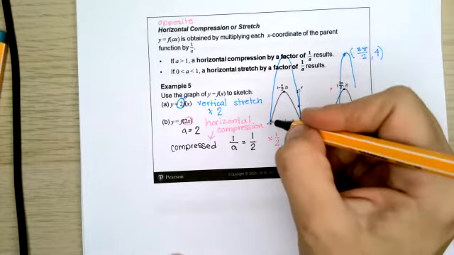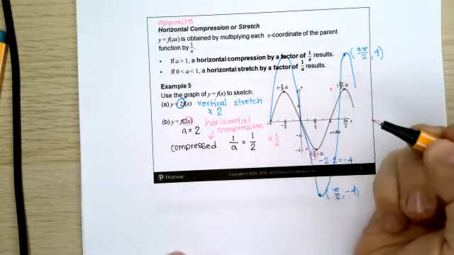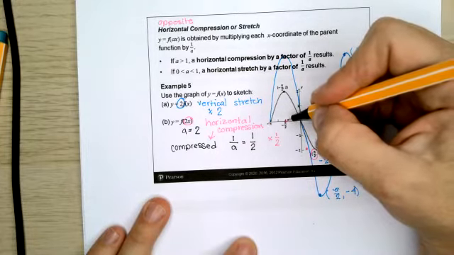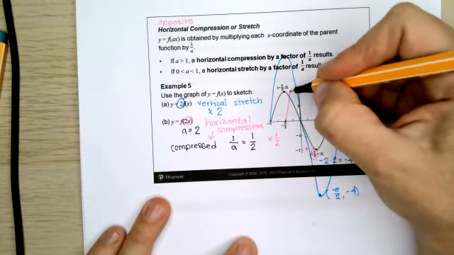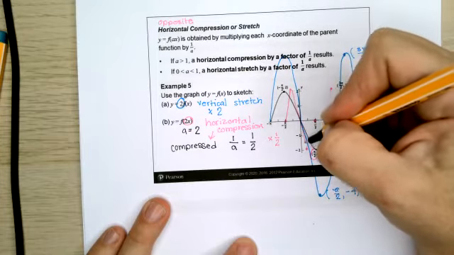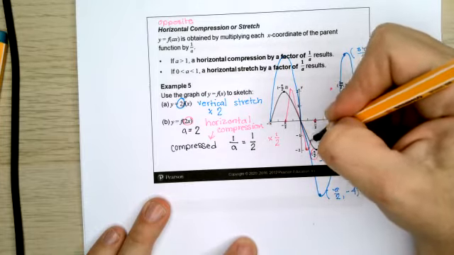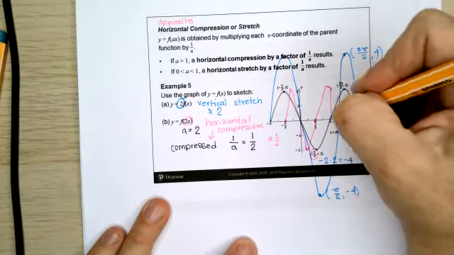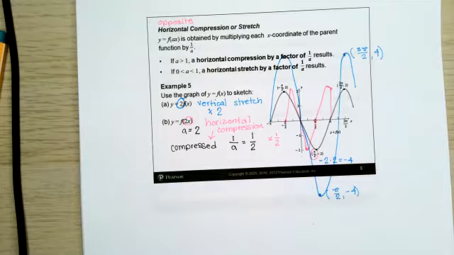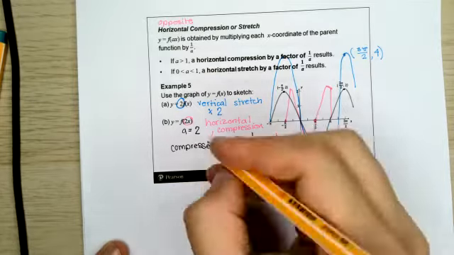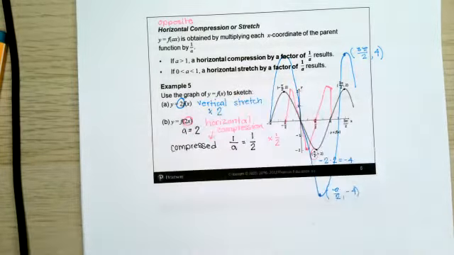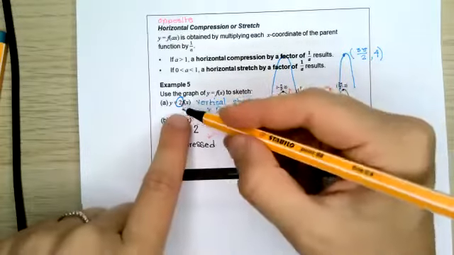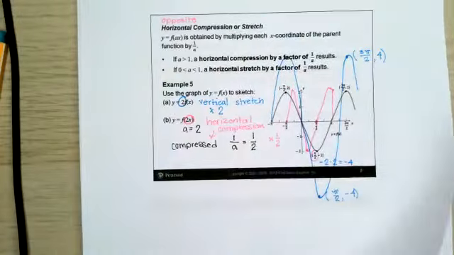And negative pi becomes -1/2 pi. Good. -1/4 pi, still going through the origin. +1/4 pi, 1/2 pi, 3/4 pi, and it might go back down through pi. So that is a horizontal compression by 2. So when you see a 2 in here, it means it gets smaller. When you see a 2 outside, it means it gets bigger.